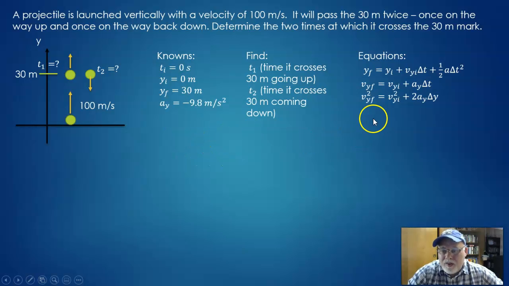Well, if you look at this, two of these equations are eliminated immediately because they would require us to know something more. And that is this equation because it's got a final velocity, and this equation because it's got a final velocity. We don't know those things, okay? This one wouldn't have been useful anyway. It doesn't even have delta t in it, okay?